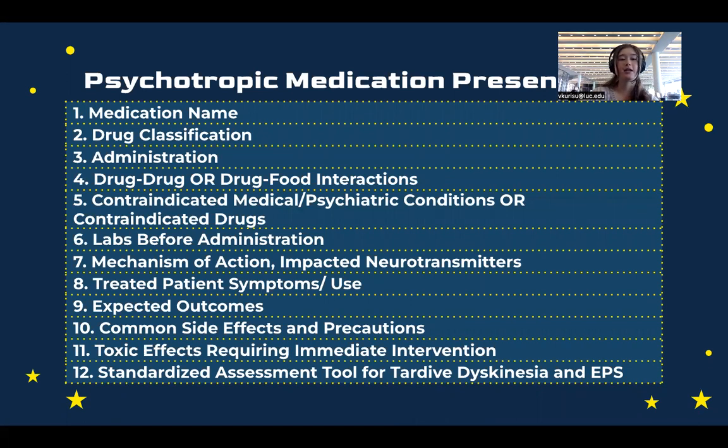First, I'll go over the medication name, the classification, administration, any interactions, what the contraindications are, labs that you have to look at before administration, the mechanism of action and the impacted neurotransmitters, what it is used to treat, the expected outcomes, common side effects and precautions, toxic effects requiring immediate intervention, and the standardized assessment tool for tardive dyskinesia in EPS.